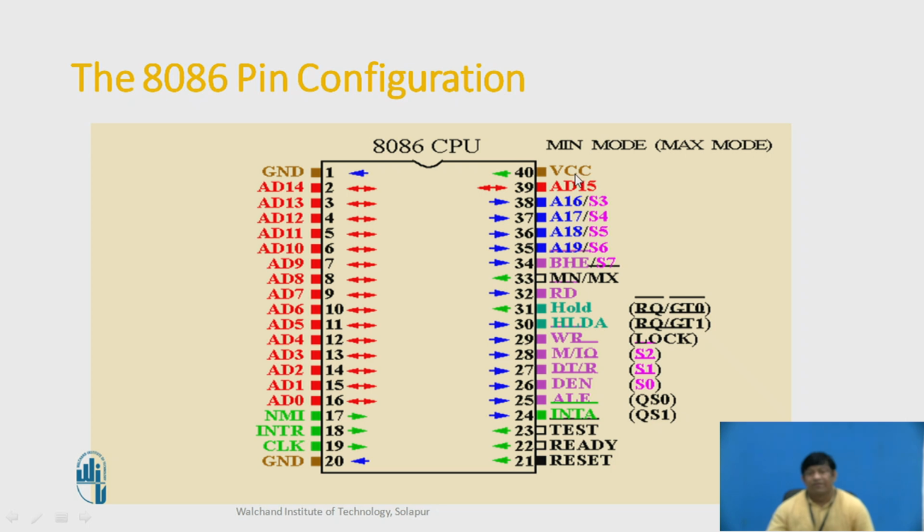When it is set to 0, it works in maximum mode, where all these pins get used. It is connected to GND, and we can connect another co-processor. Now we discuss these pins one by one.